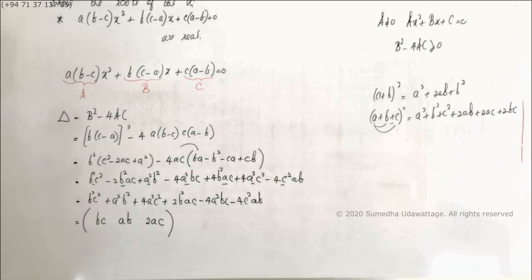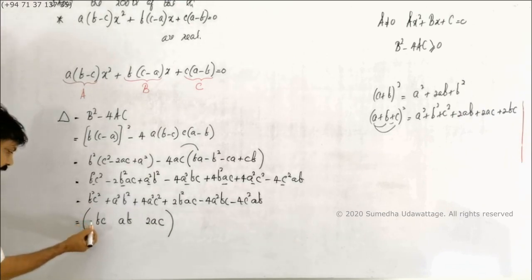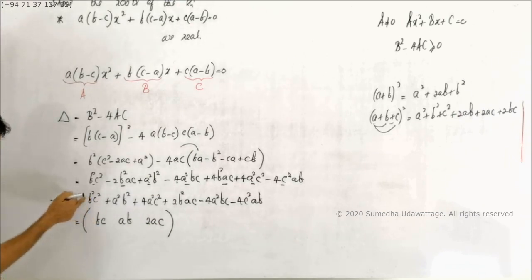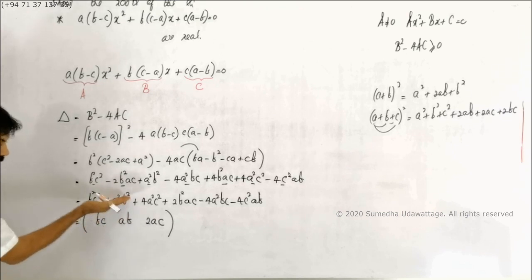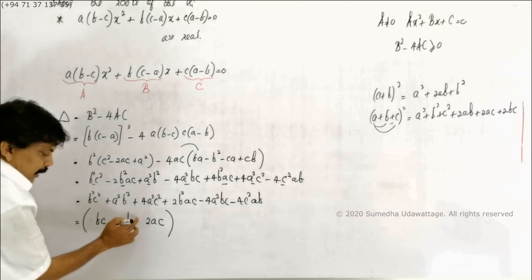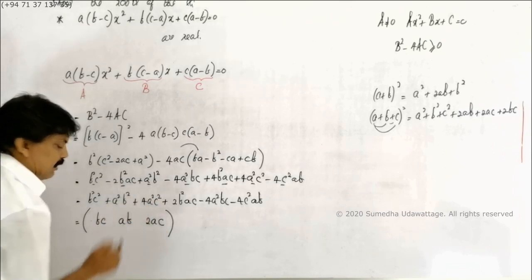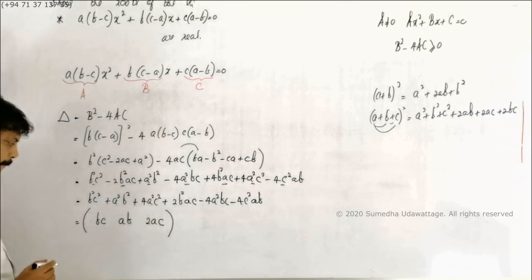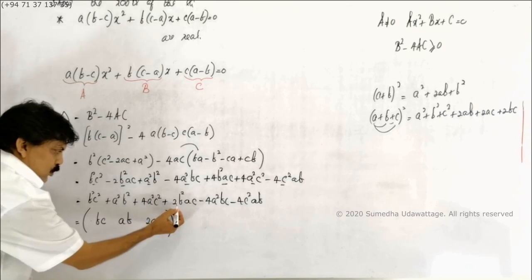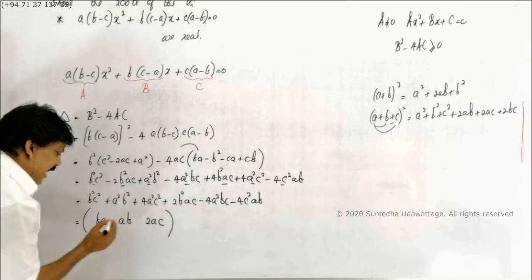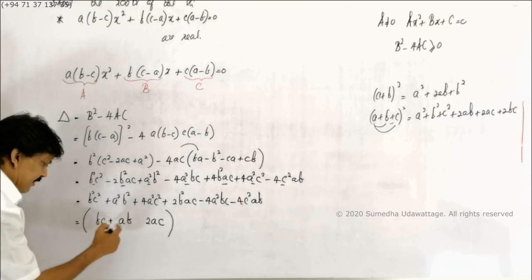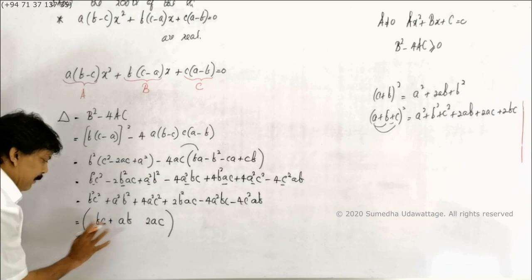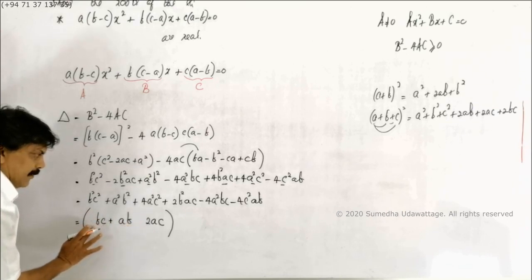Even though you write plus or minus here, when squaring it will be plus. You've got to get 2b square ac. If I put plus here, then these two multiplied and multiplied by 2 would be 2b square ac.